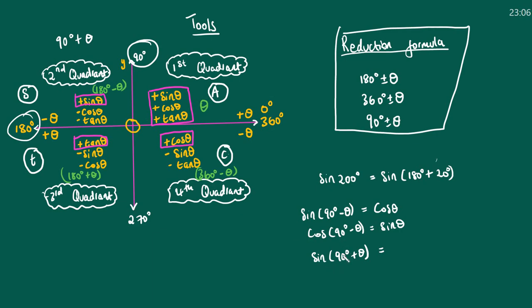However, because it's a 90 plus, sine will change to cos theta. If it is cos of 90 degrees plus theta, cos would change to sine. However, it should be negative, because cos is negative in that quadrant.